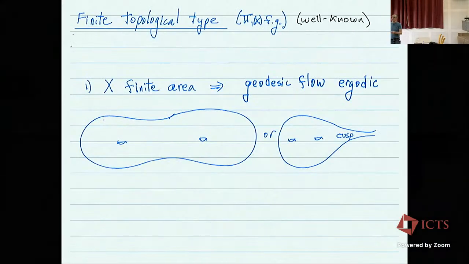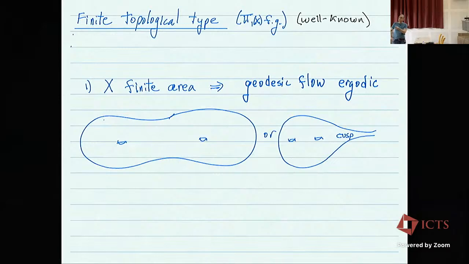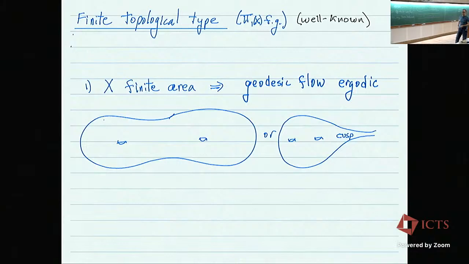And let's just look at the two possible types. So if you have a finite topological type hyperbolic surface, okay, there's two possibilities. Either it has finite area or it has infinite area. If it has finite area, it either looks like a closed surface, or it's a surface with just cusps, okay?